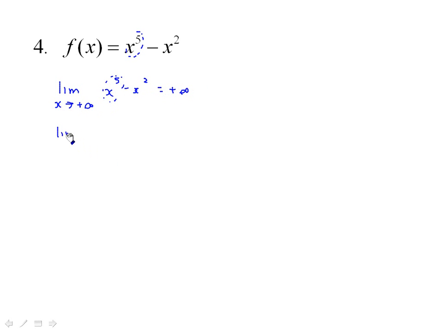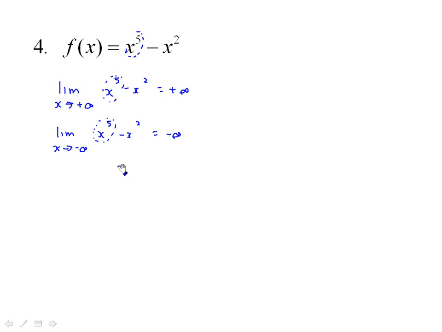And then as the limit as x gets smaller and smaller, pay close attention to that x to the 5, the leading term. So as a negative number is raised to the exponent of 5, it's going to get bigger and bigger in the negative direction. So in fact, this is going to decrease without bound.